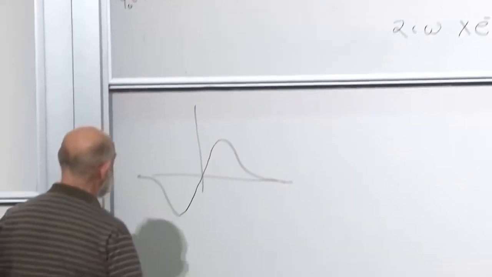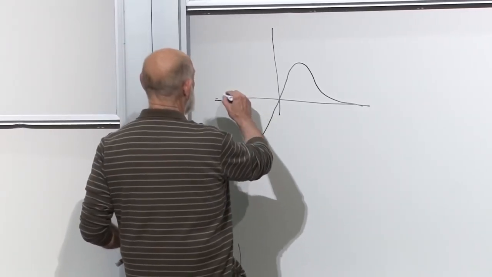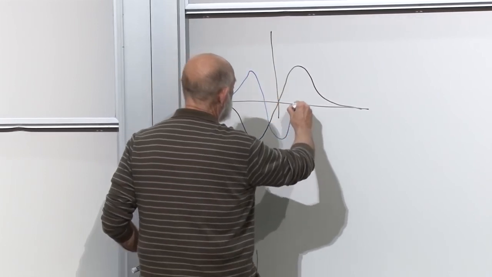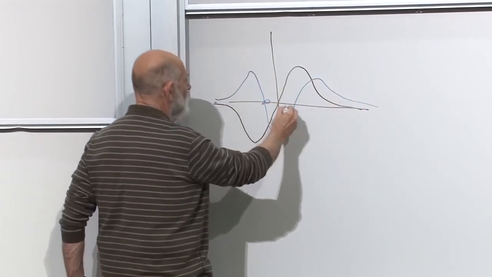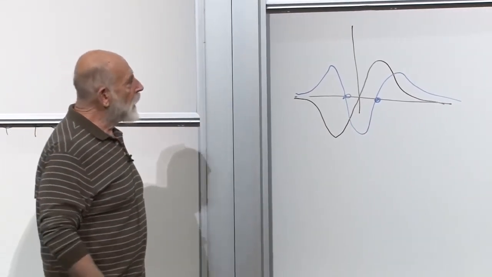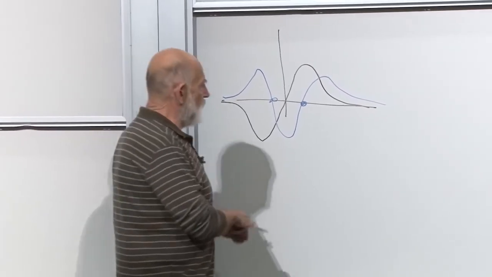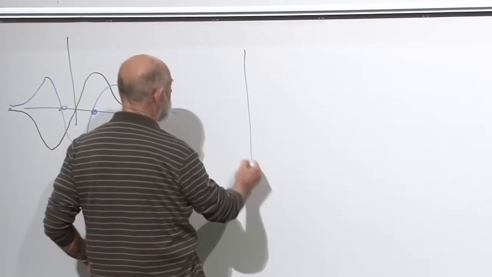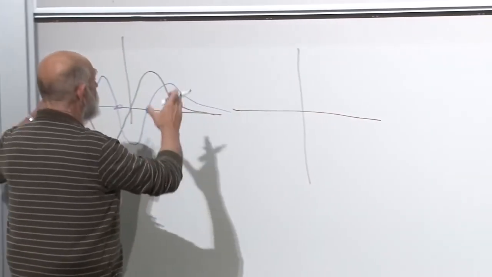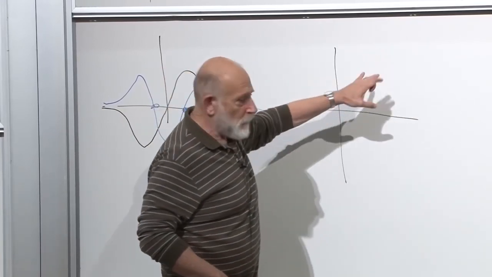So the next wave function, the second excited state, has 2 nodes. The third one has 3 nodes. And if you work out the 17th, it looks something like this. Each time you act with A plus, you wind up pushing the wave function out more.